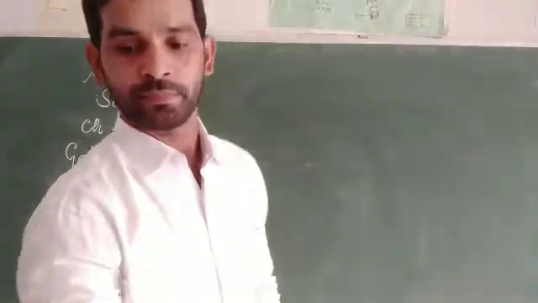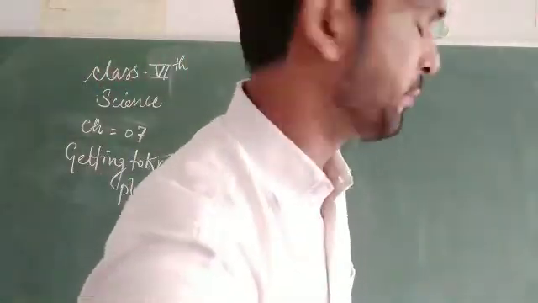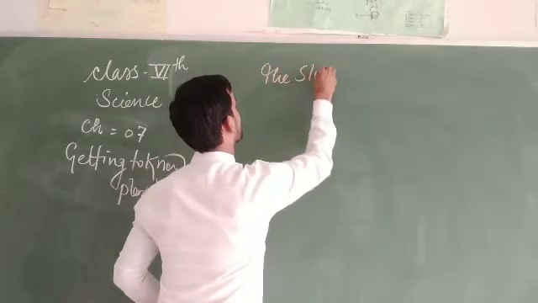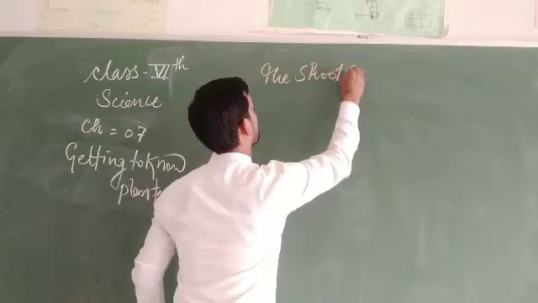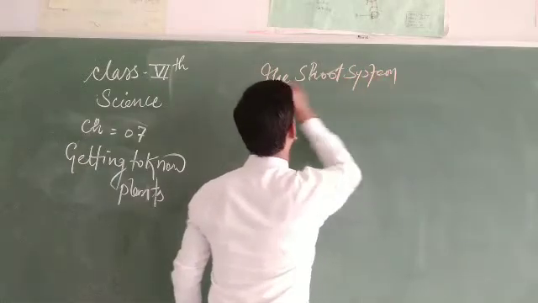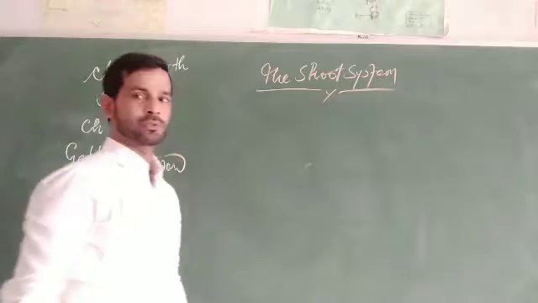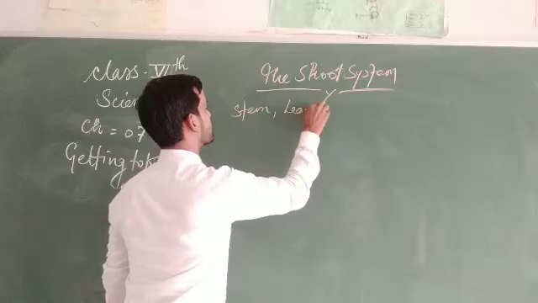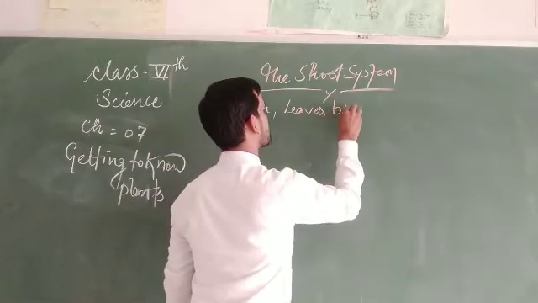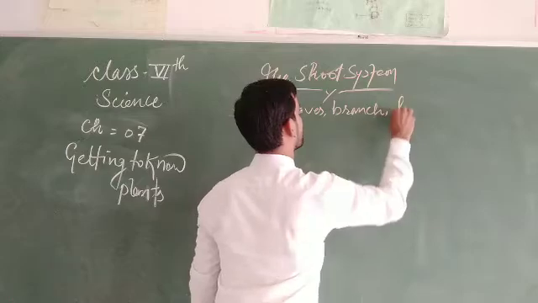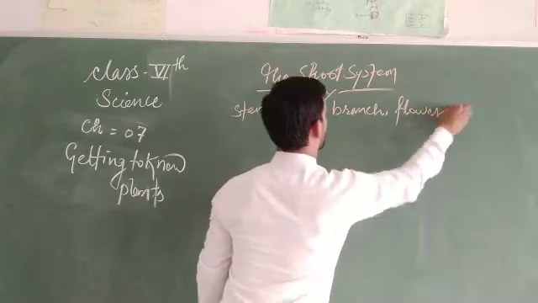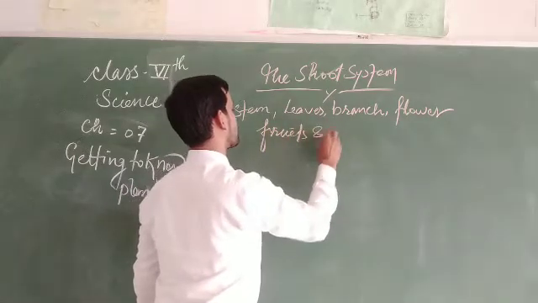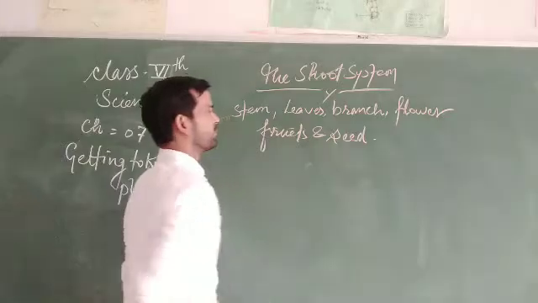It is the shoot system. The shoot system includes stem, leaves, branch, flower, fruits and seed.